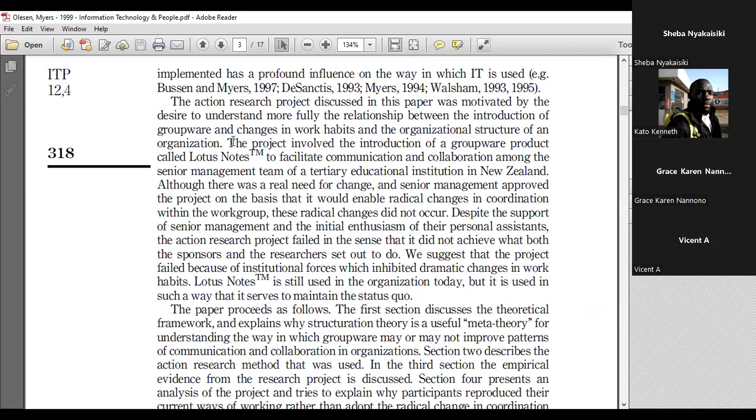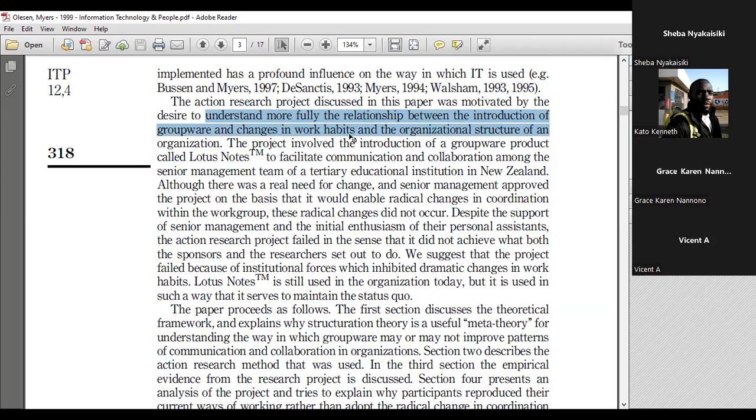I think we can see here already the project involved the introduction of a groupware application called Lotus Notes to facilitate communication and collaboration among the senior management of a tertiary institution in New Zealand. And that was the objective, but they did that primarily to understand more fully the relationship between the introduction of a groupware application and changes in work habits.